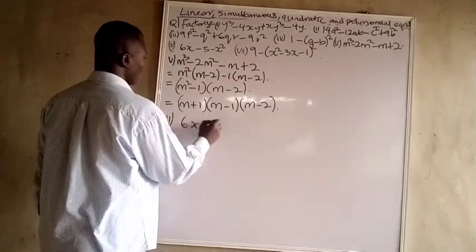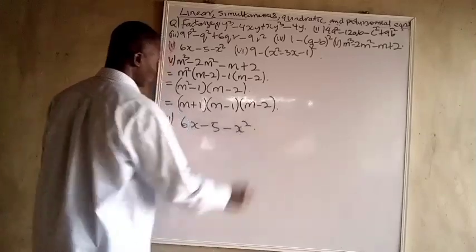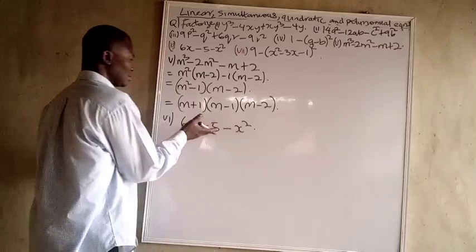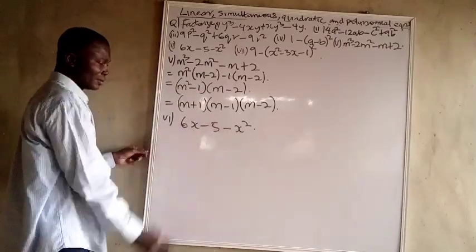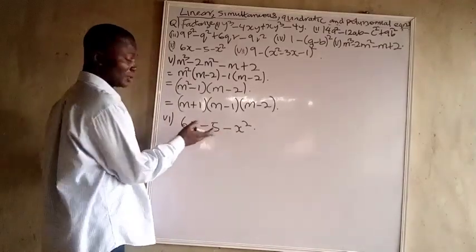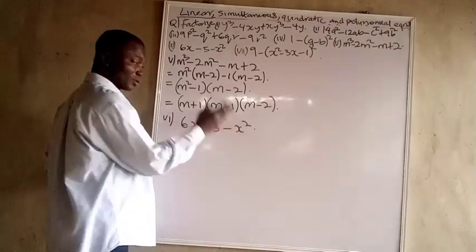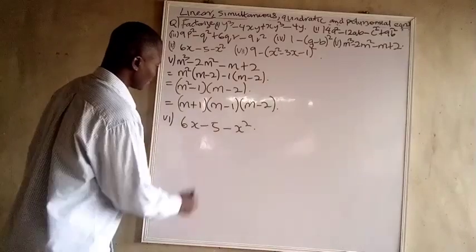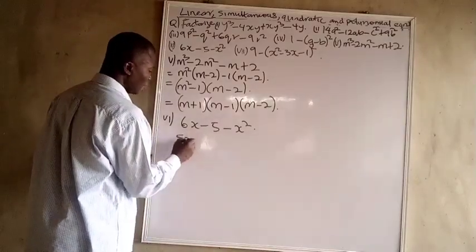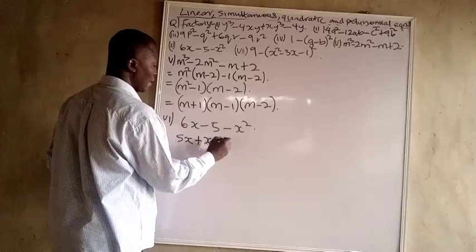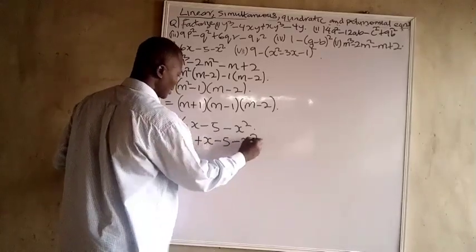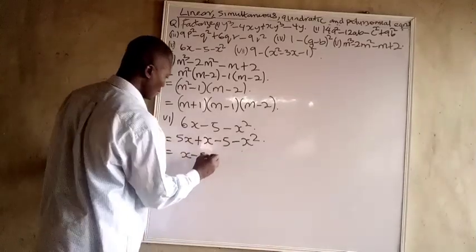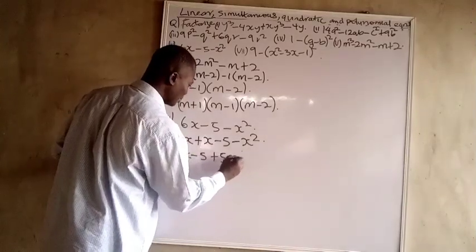That is 6x minus 5 minus x squared. So I'm going to find, the product will be minus 5 and the sum will be 6. The product is going to be minus 5 times minus 1, that is 5, and the sum will be 6. So I'm going to have 5x plus x minus 5 minus x squared. So let me rearrange. It will give me 5x minus 5 plus 5x minus x squared.